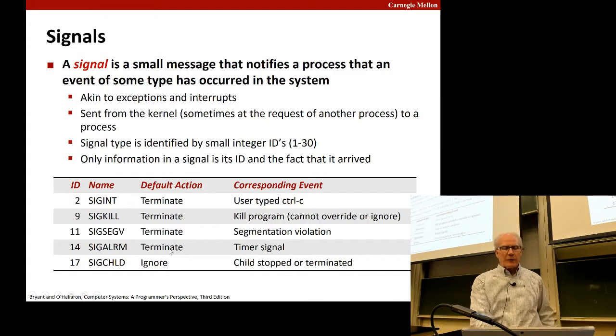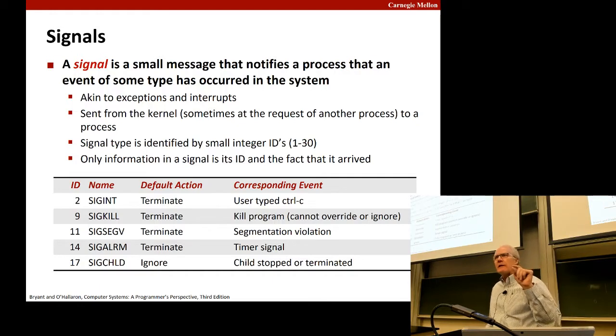The one we'll talk about today is called SIGINT, meaning signal interrupt. That's what happens if you're running a program and you hit Control-C. You're basically telling the program to stop, terminate.